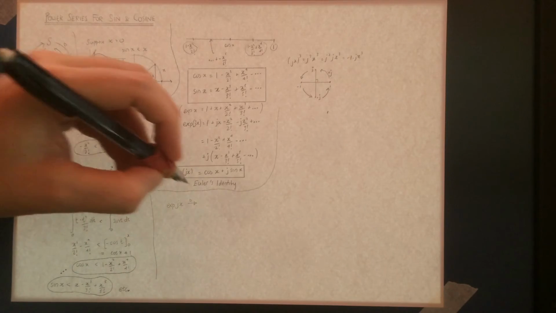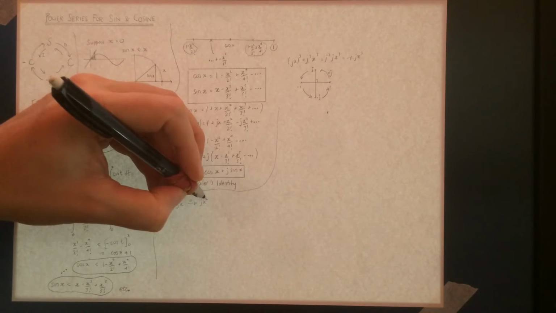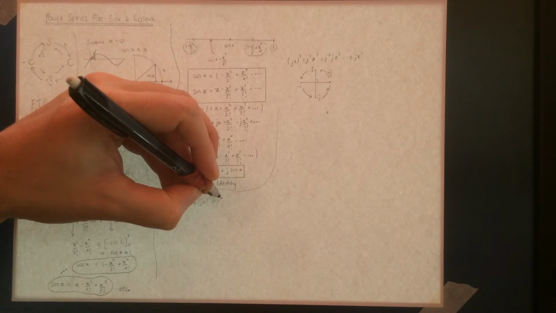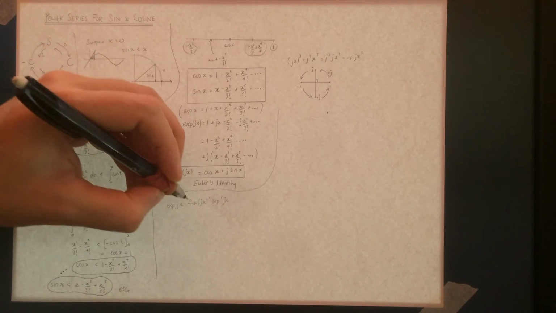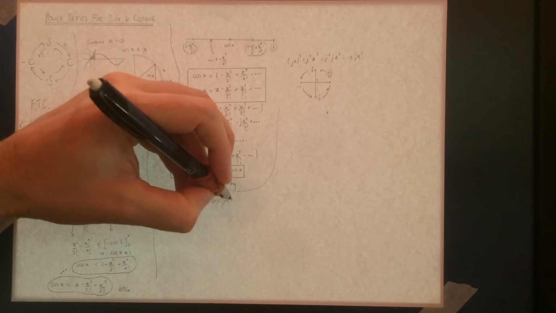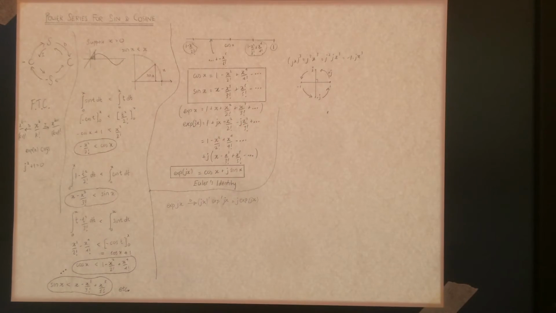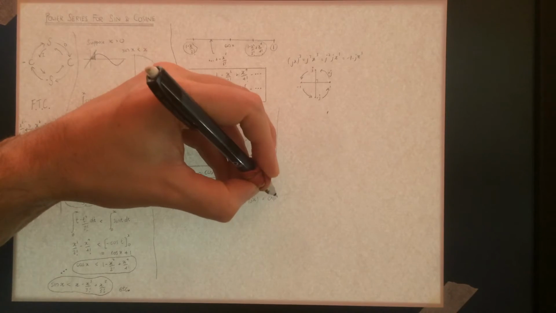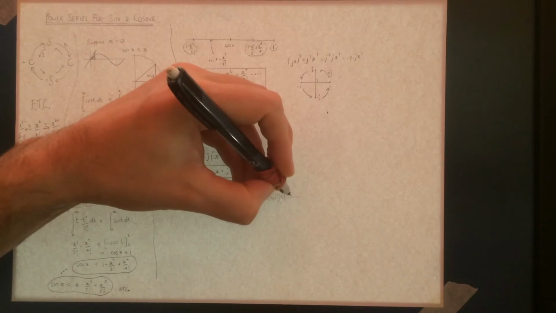Well, we use the chain rule, so it's jx dash times exp dash of jx, which is just j exp jx, which is just our original exp jx rotated by 90 degrees.